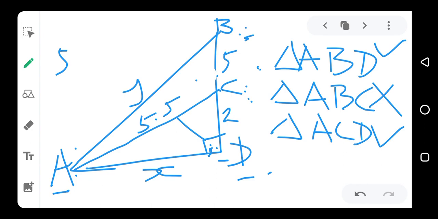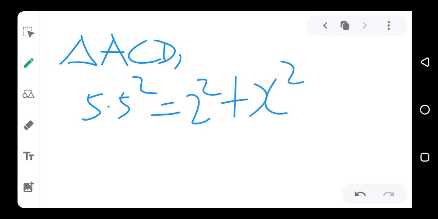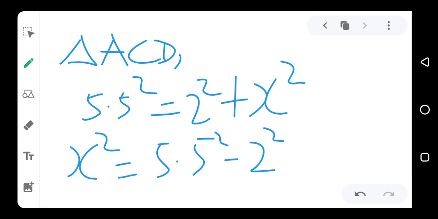So we have that 5.5 squared is equal to 2 squared plus x squared. Now it means that x squared is equal to 5.5 squared minus 2 squared.